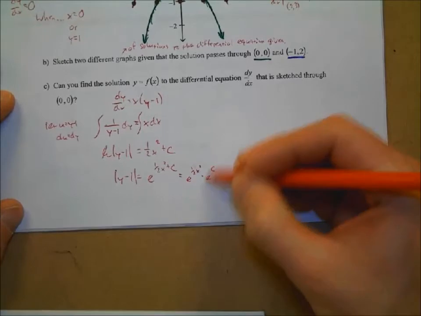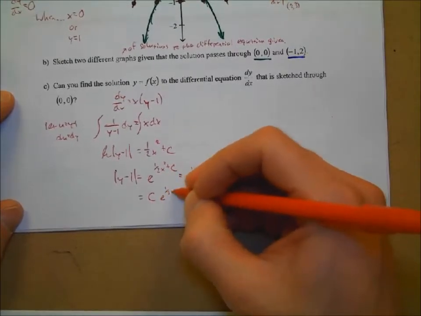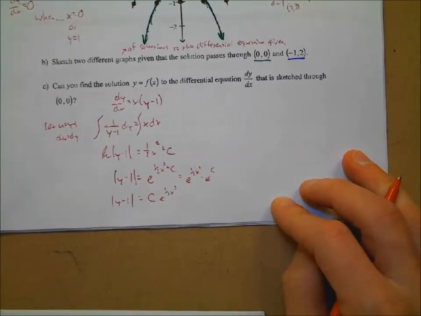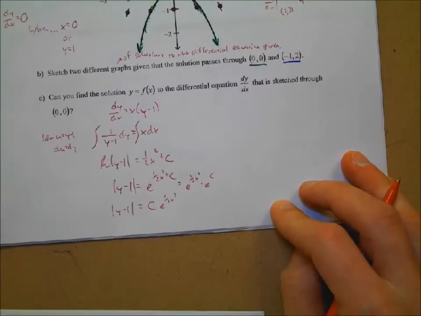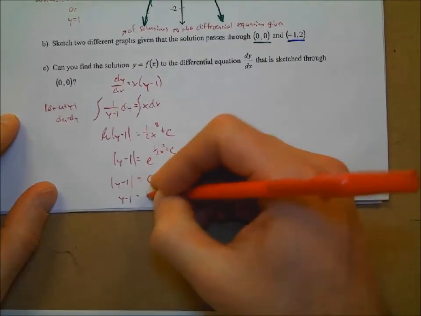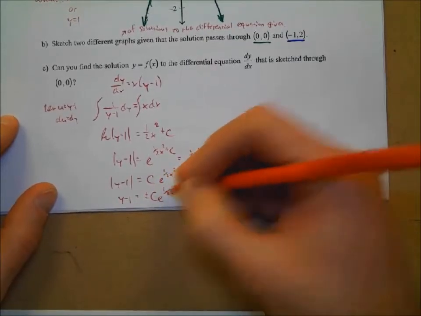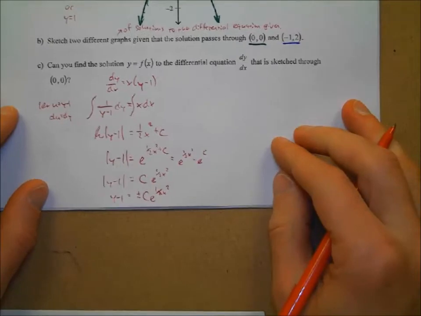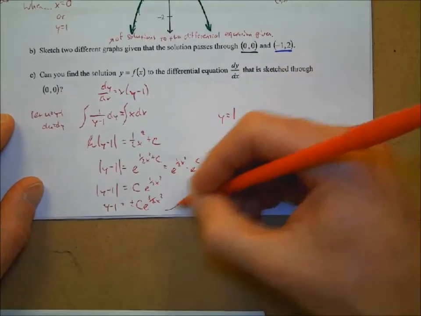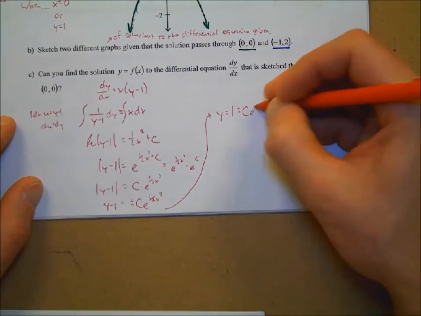E to the c is also just a constant, so we end up with c e to the 1/2 x squared. Absolute value of y minus 1 can then be rewritten as y minus 1 equals plus or minus c e to the 1/2 x squared, which gives y equals 1 plus or minus c e to the 1/2 x squared.